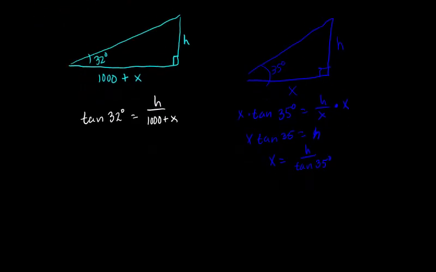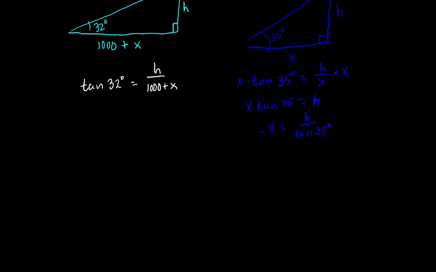And then I'm going to substitute in what x equals into here. And so we've got ourselves this crazy looking equation. Tangent, right, of 32 degrees equals h over 1,000 plus h over tangent of 35.